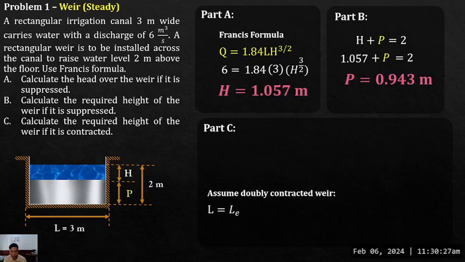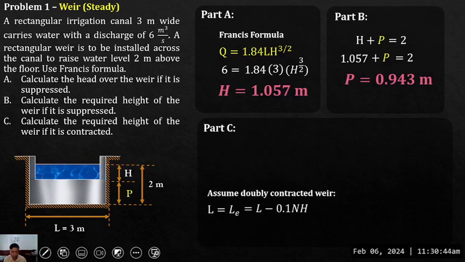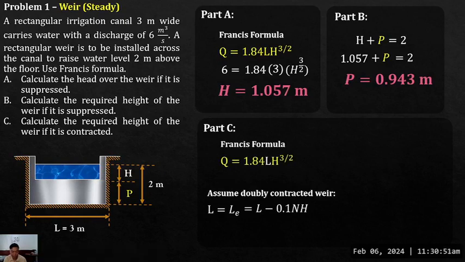So, kapag meron na tayong contraction, always remember na yung L sa mga formula natin, papalitan natin ng effective length. Okay po? So, that is L minus 0.1 N times H. Okay, so bali magiging ganyan yung figure natin, no? So, gagamitin natin ulit is the Francis formula. So, yung L dyan, papalitan lang natin ng L minus 0.1 N times H.